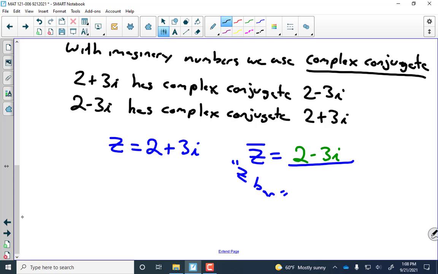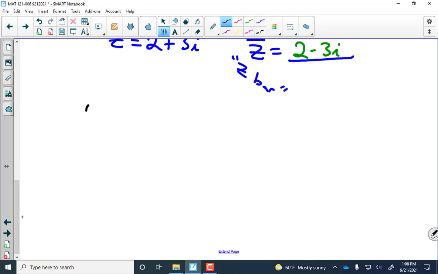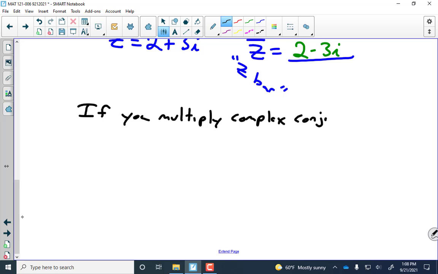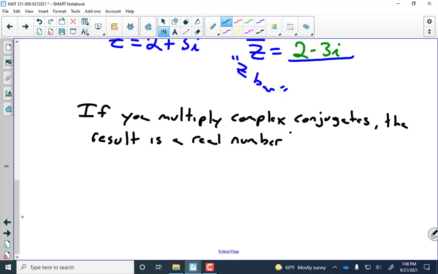I'll write that down. If you multiply complex conjugates, the result is a real number. What do I mean by that?